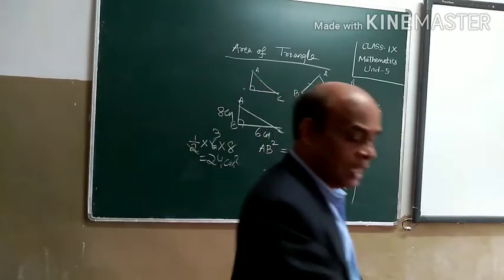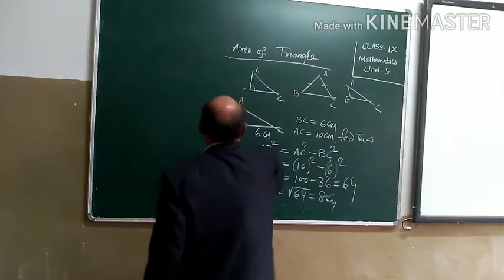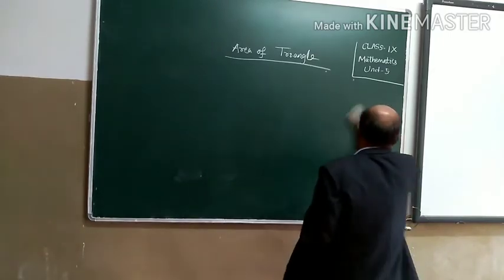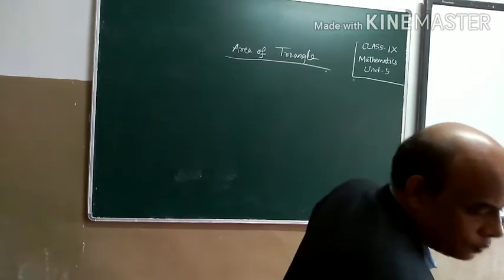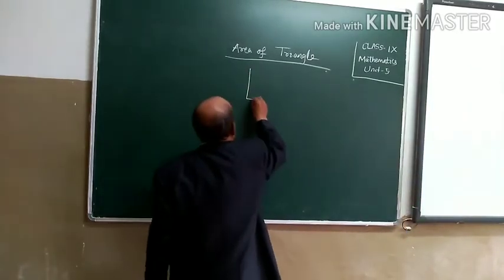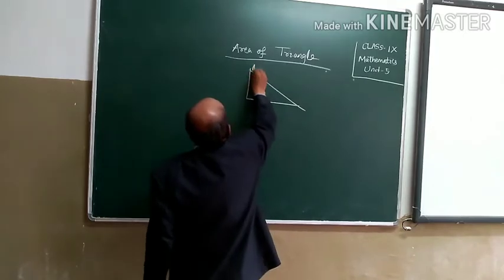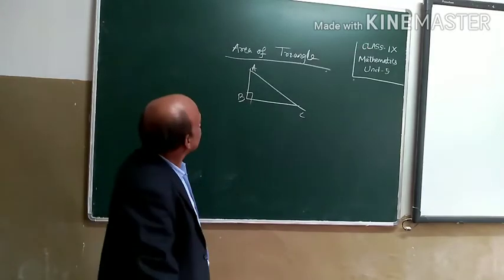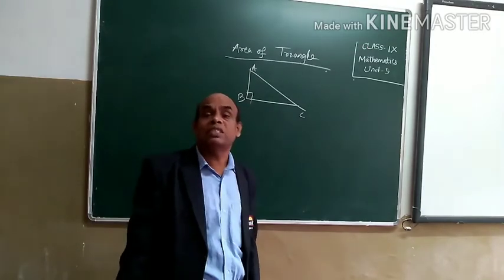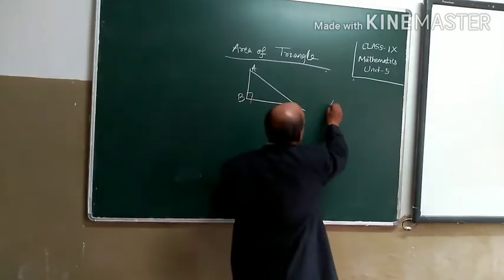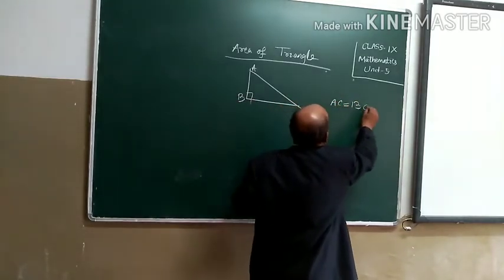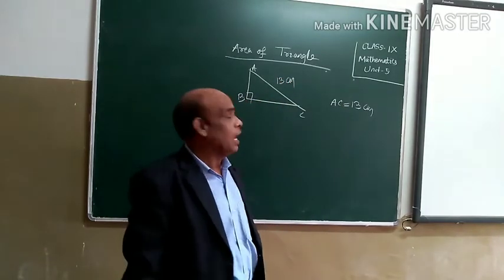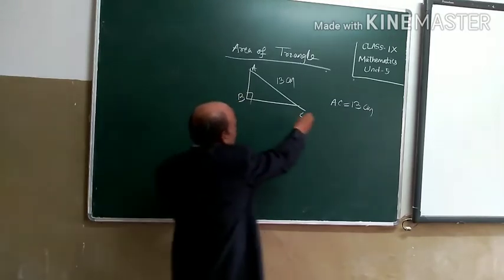Now see another type of numerical. Suppose in a right angle triangle, hypotenuse is given to you 13 centimeter and perpendicular AB is given to you.